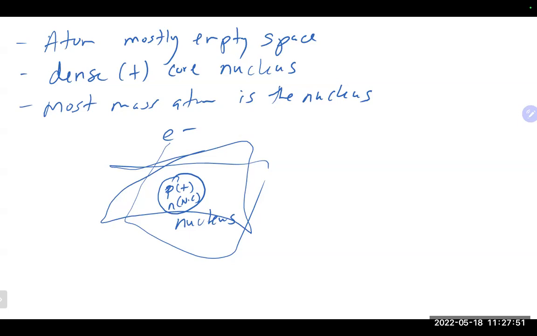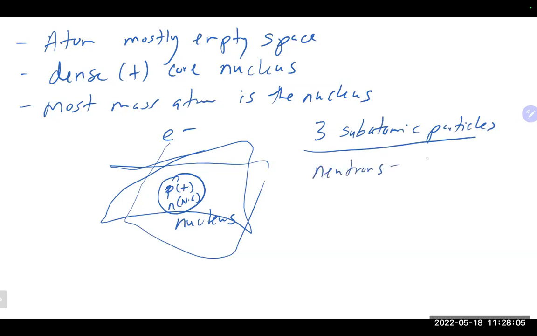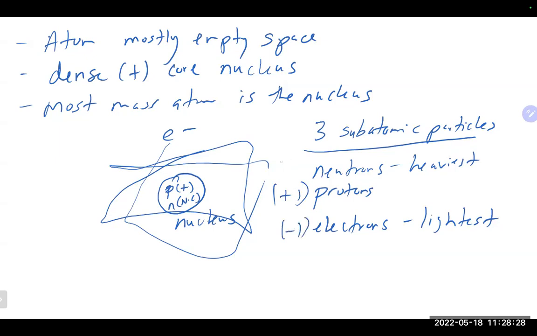And this does make sense because out of our three subatomic particles, it is actually the neutrons, which were discovered in the 1930s, that are the heaviest, followed very closely by the protons, and it's actually the electrons that are the lightest of the three subatomic particles. And obviously our protons have a positive one charge, electrons a negative one, and obviously no charge for our neutrons.